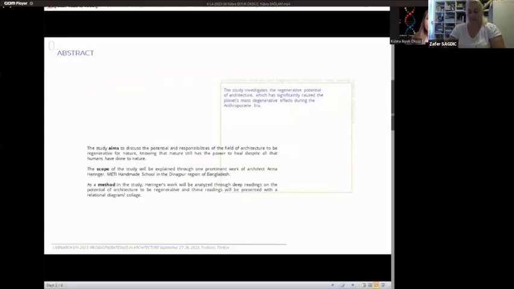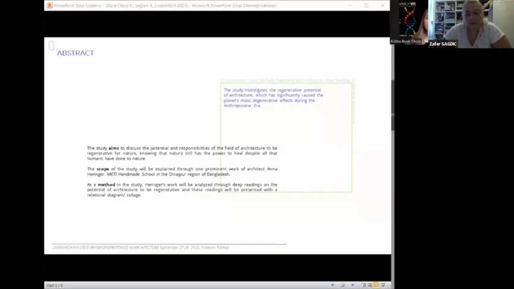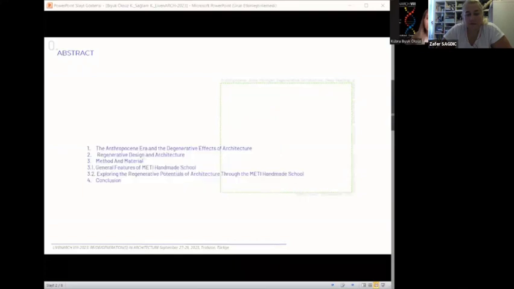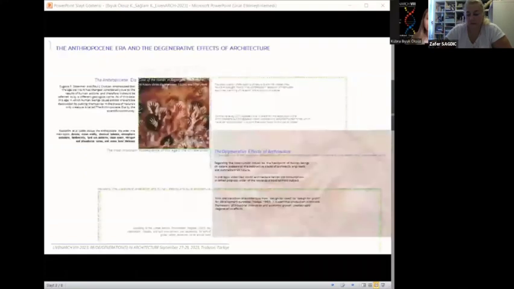The study investigates architecture's regenerative potentials, given that architecture has significantly caused the planet's mass degenerative effects during the Anthropocene era. The study explores regenerative potentials using Anna Heringer's METI Handmade School as a case study. Through in-depth analysis, we examined the school's regenerative aspects, presented through a relational diagram and collage. In the presentation, I will discuss these three sections.